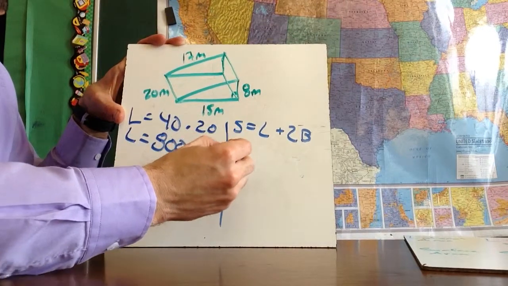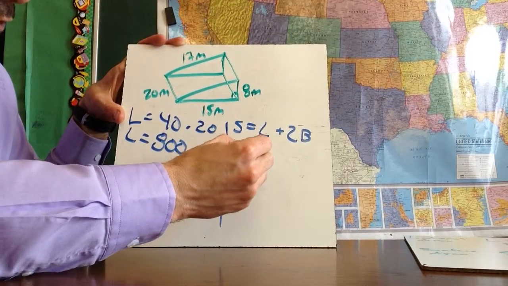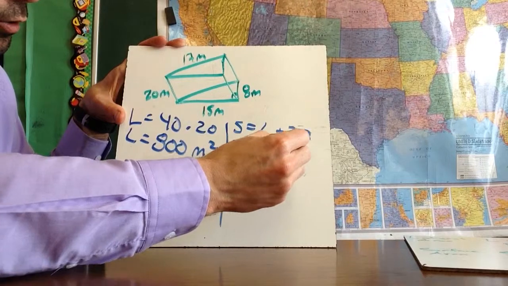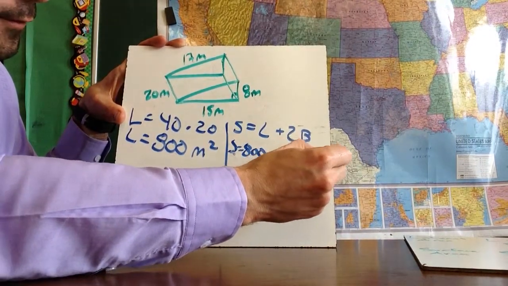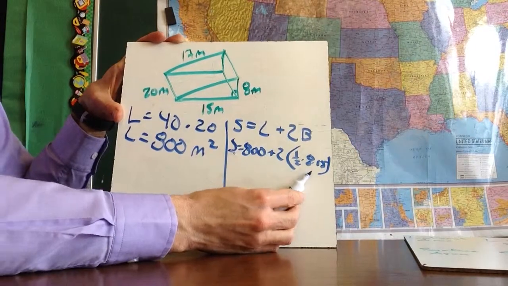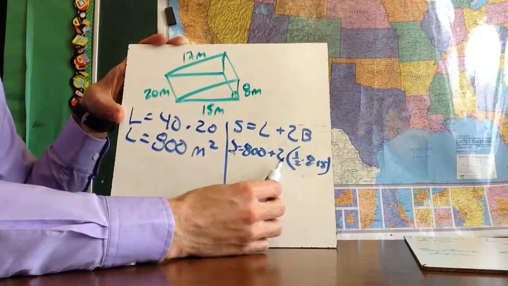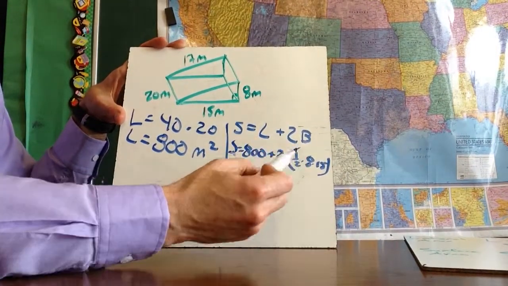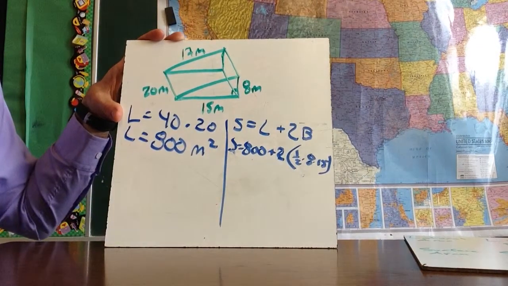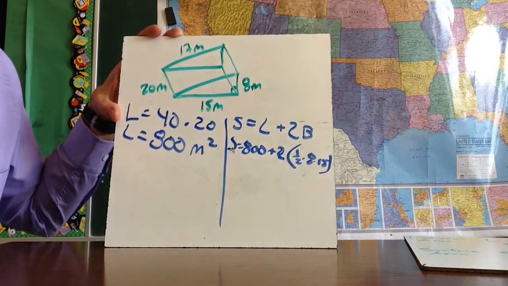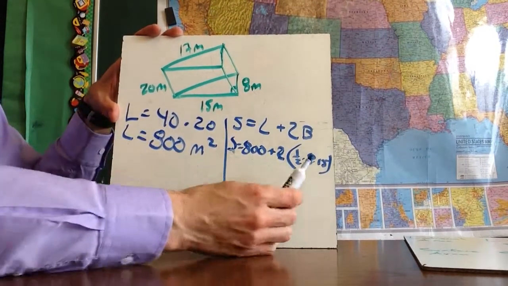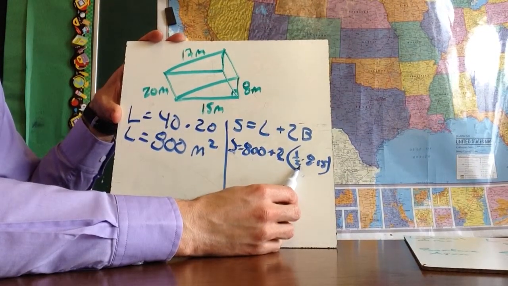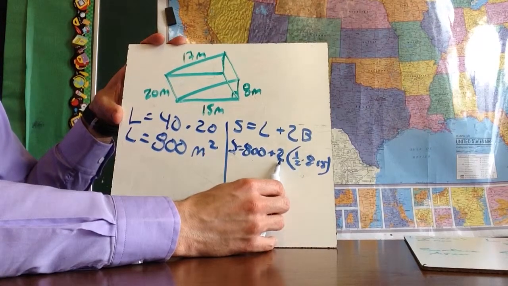All right, so surface area is going to equal 800 plus 2 times 1/2 times 8 times 15. The area of the triangle is 1/2 base times height. I'm going to multiply that times 2, and then add it to 800. Depending on how you wanted to do this, some people would go 8 times 15, get 120, take half of that, you would get 60, and then double that, you get to 120.